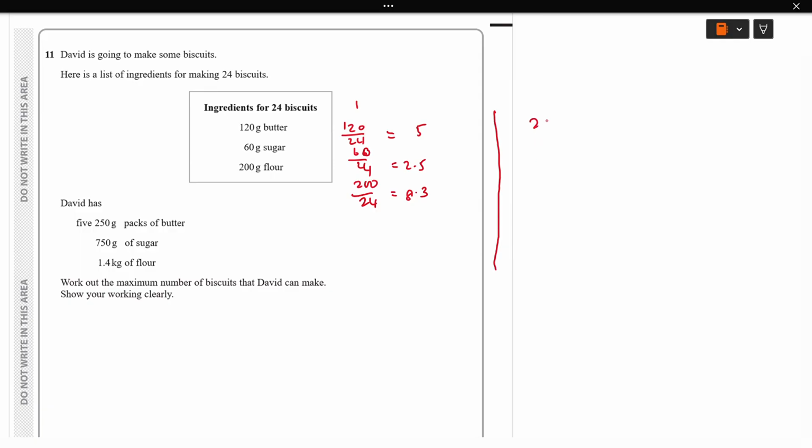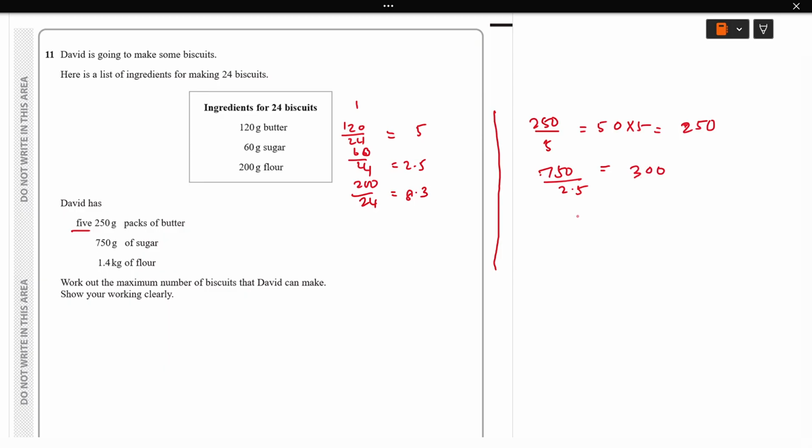The first one, 250 divided by 5 gives 50, and he has 5 packets, so that is 250 biscuits. Next, sugar: 750 divided by 2.5 for one biscuit, which gives 300. We can make 300.